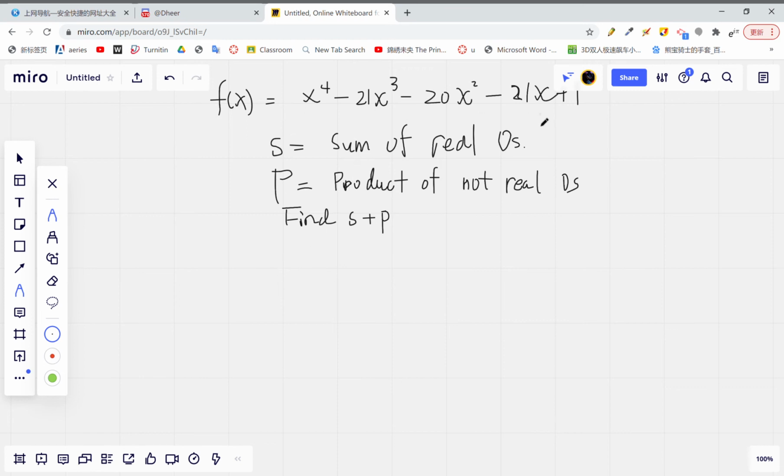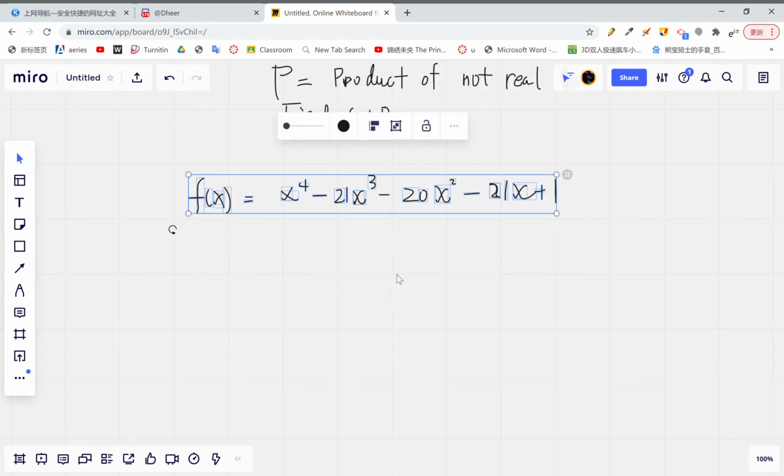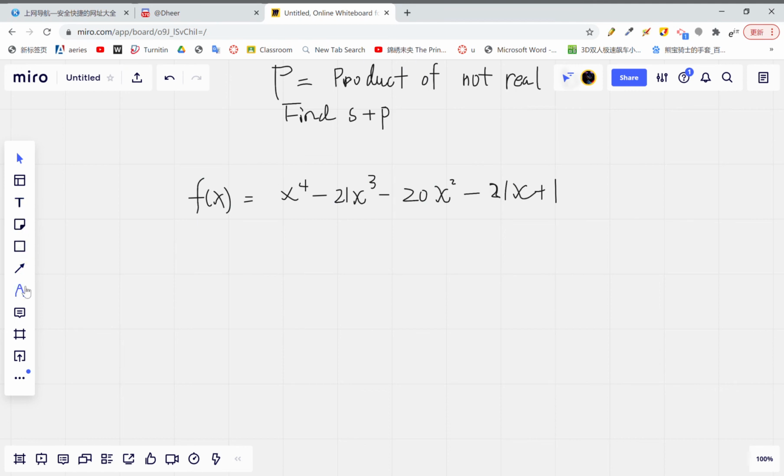So we can divide the whole thing by x squared.